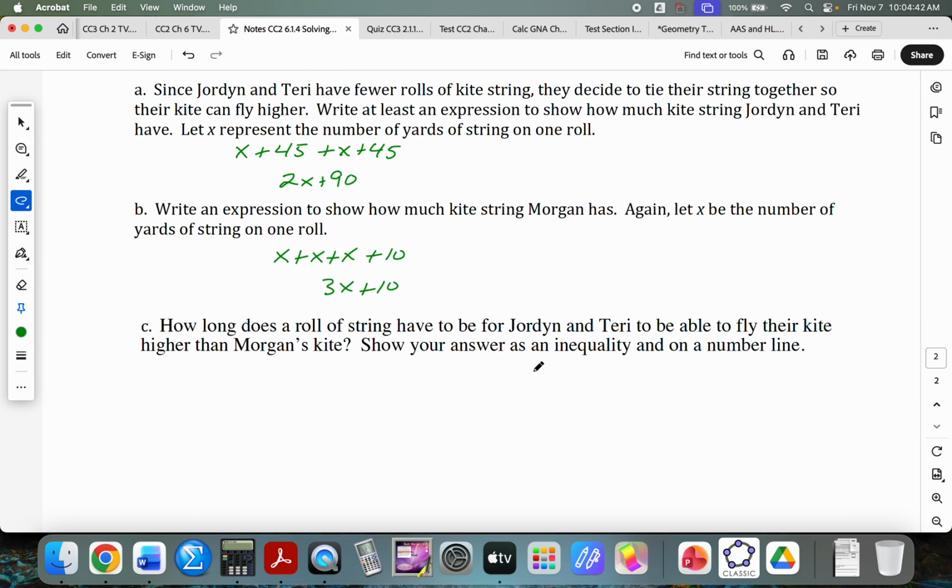Now the question becomes, how long does a roll of string have to be for Jordan and Terry, that's this one, to fly their kite higher than Morgan's kite? Well, that would mean that 2X plus 90 needs to be what? Compared to 3X plus 10. If we want Jordan and Terry to fly their kite higher than Morgan's.